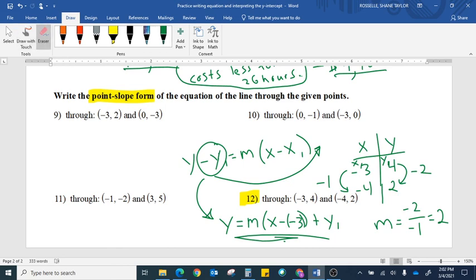Then I take out y1, and y1 is going to be 4 from this right here. And m is going to be 2.